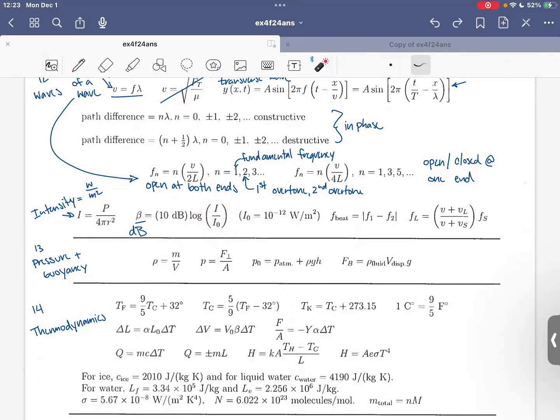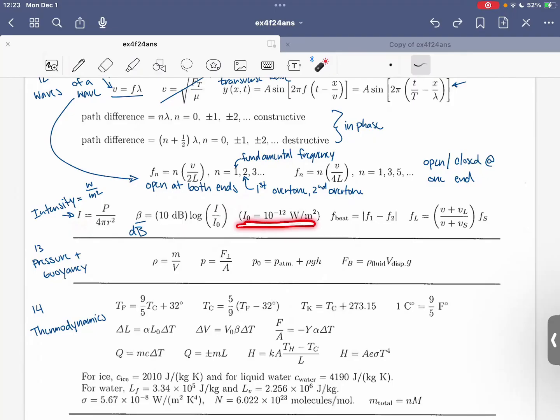So just know if they ask for intensity, it's not the same as decibels. It's this I right here. And you can convert between decibels and intensity by using this equation.